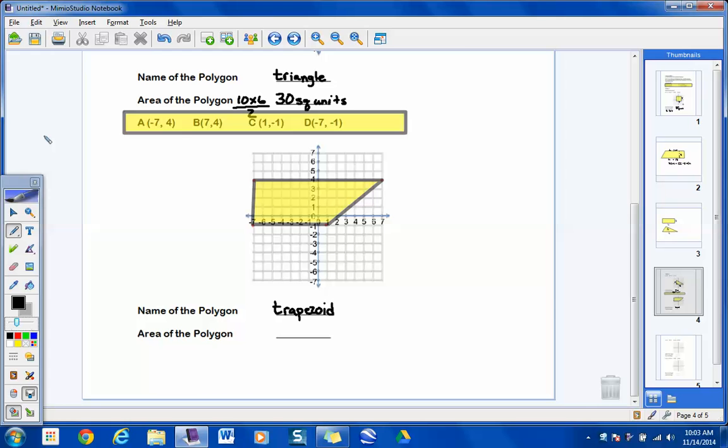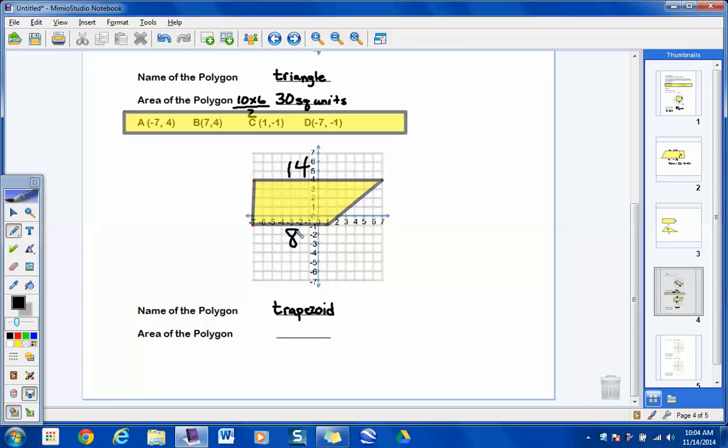Okay, how many units long is that if I count across? 14. 14 across, I agree. How about the bottom base? 8, okay. And again, remind me why the top and the bottom of this shape are the two bases of the trapezoid? Two sides that are parallel, okay?